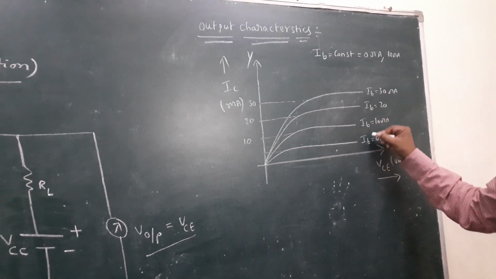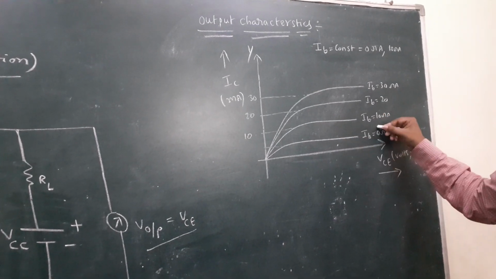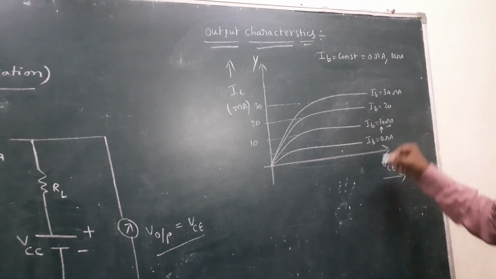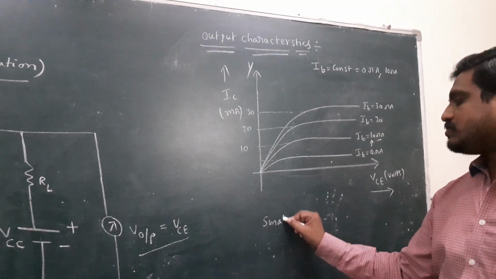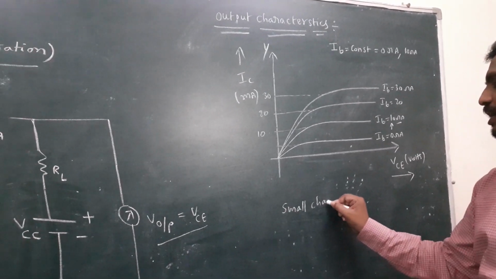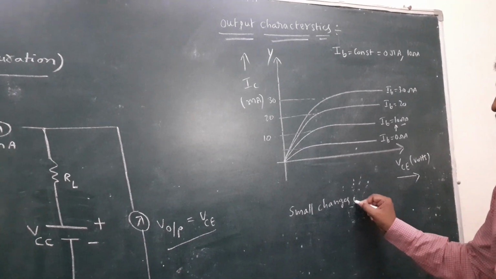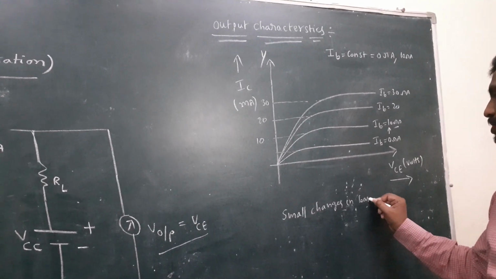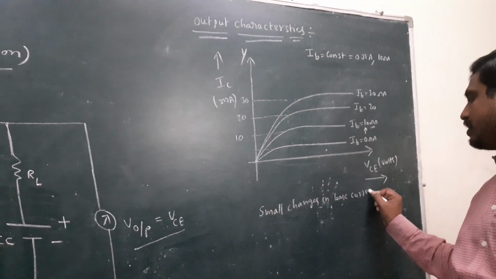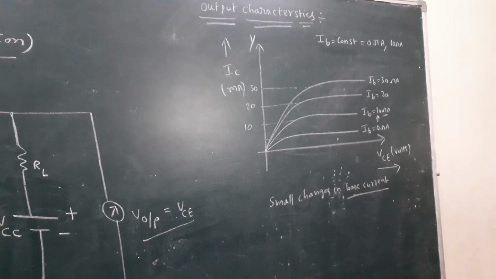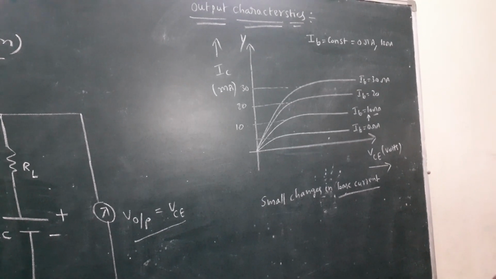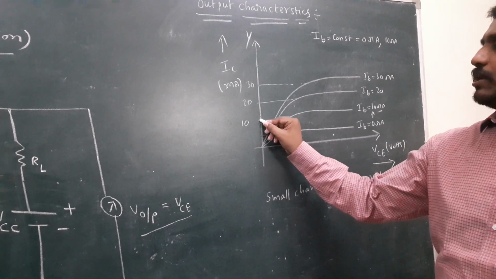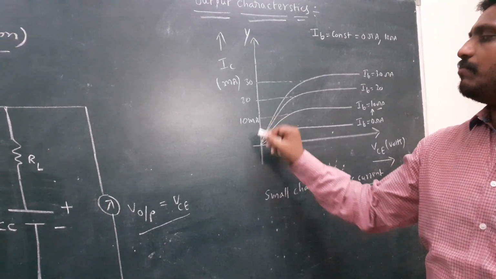IB changes here from 0 to 10 micro, which means small changes in base current. Here 0 to 10 microamperes changes, and here 0 to 10, that means a 10 milliampere change.